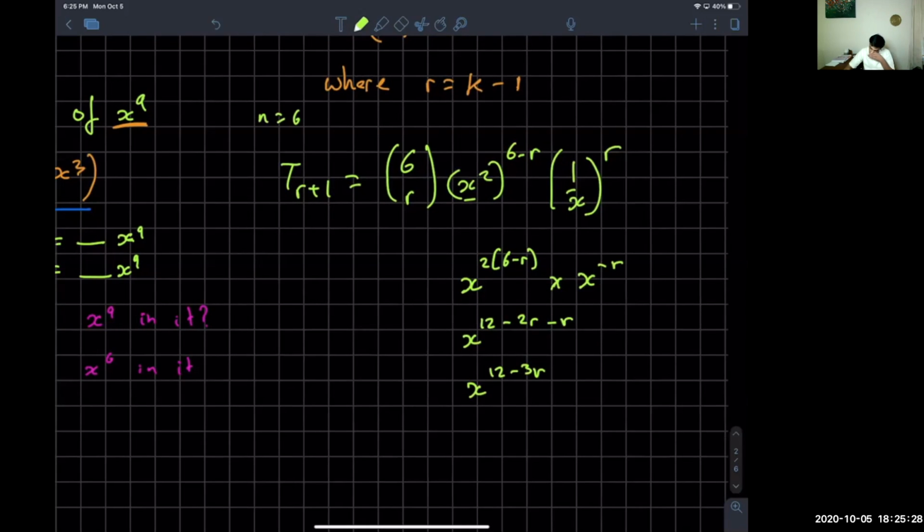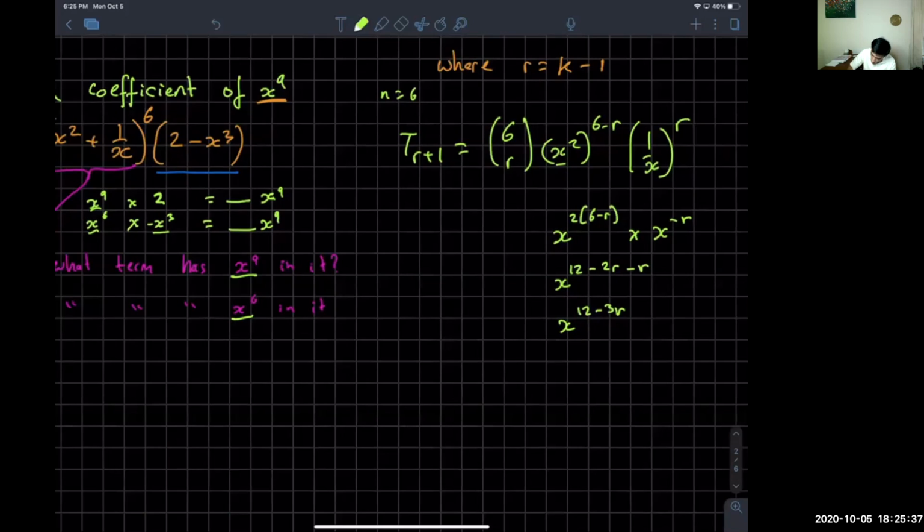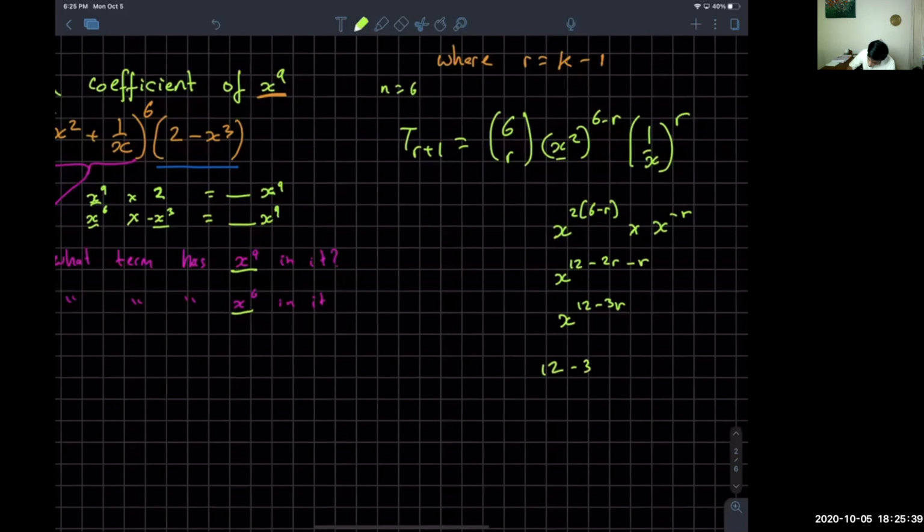What do we want now? We want x to the power 9 and x to the power 6 in that expansion. So we want 12 minus 3r equal to 9 and 12 minus 3r equal to 6. In this case, r is equal to 1 and r is equal to 2.